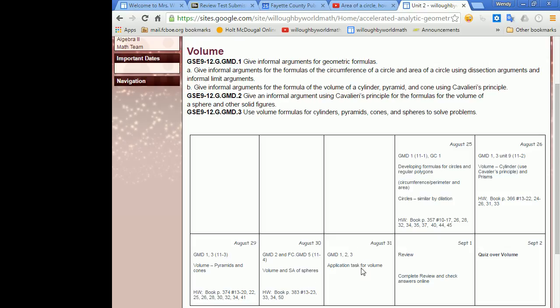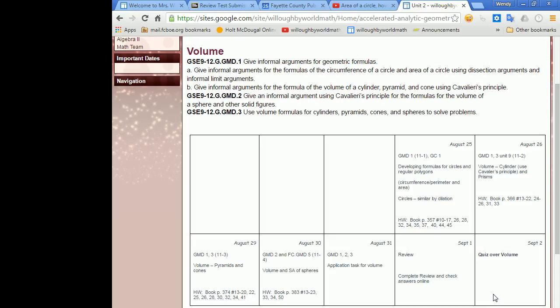Then we're going to do some application, which is pretty cool, because you can actually do some real life math with it. And then, this is a whole unit, but it's only 7 days, so we're not having a test, we're just gonna have a quiz.